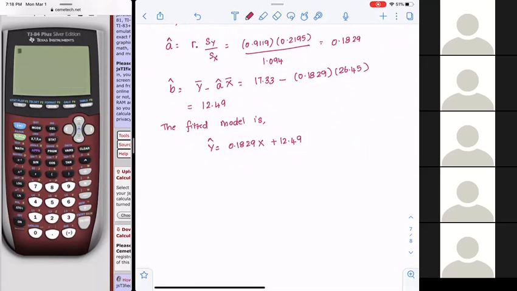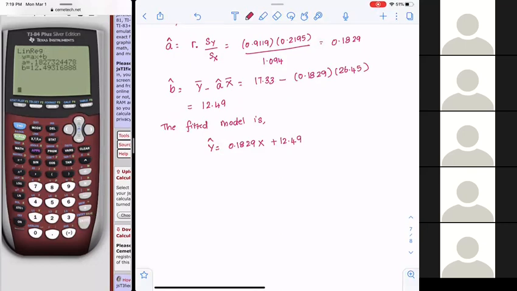So all we have to do now is press stat, go over to calc, and you can see option number 4 is LinReg. LinReg stands for linear regression. And you simply have to say list 1, comma, list 2, indicating that the first list is the x variable and the second list is the y variable.